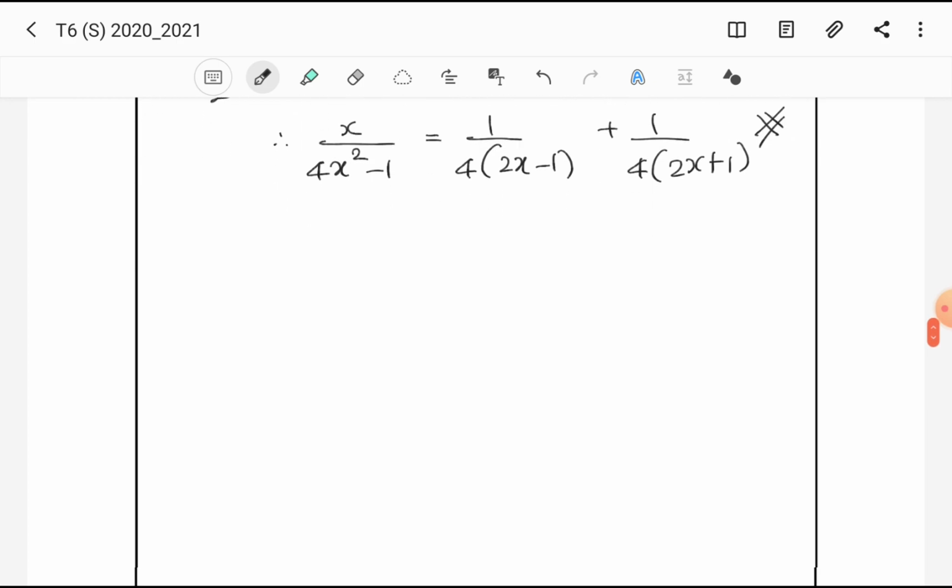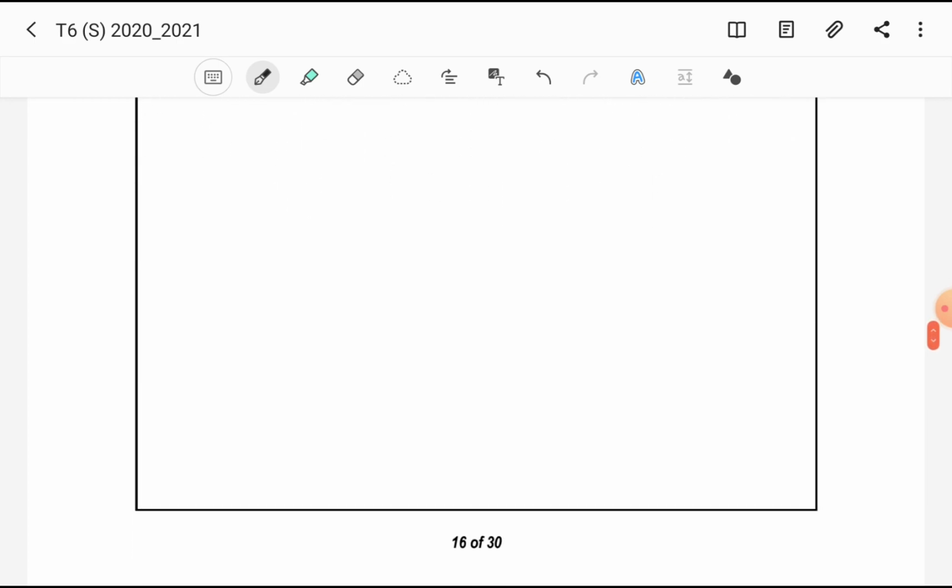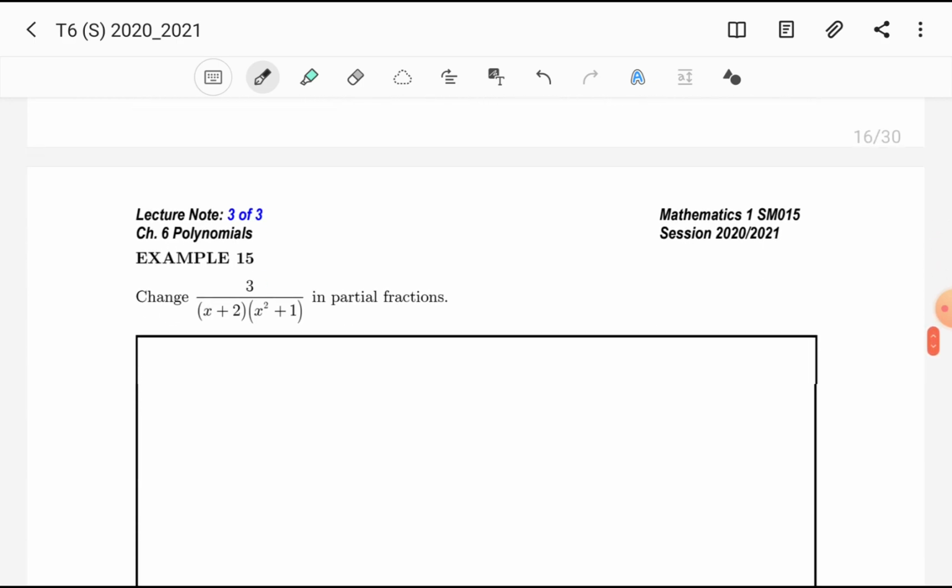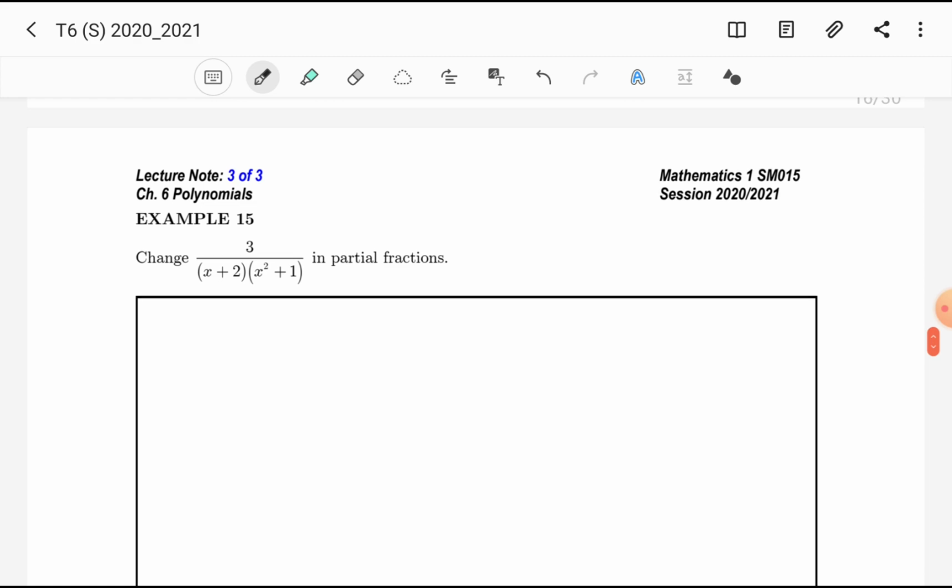Okay, next. So, this is the last part for proper fraction. Kat atas constant, kat bawah ada kuasa 3. And if you notice here, x squared plus 1 cannot be factorized.